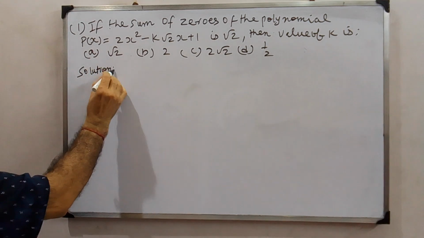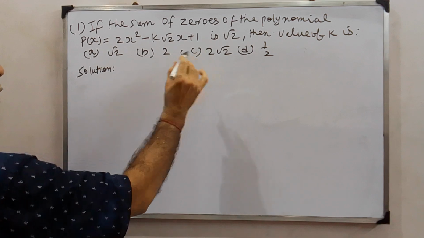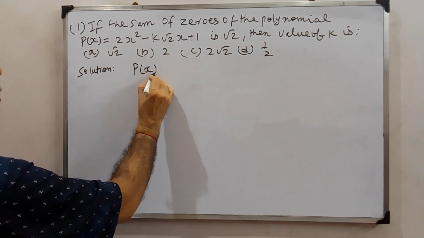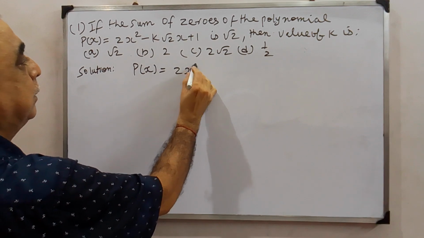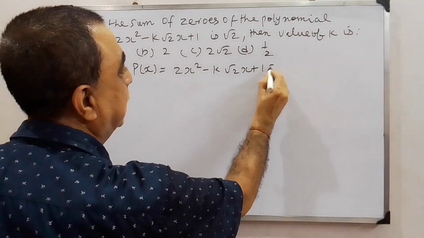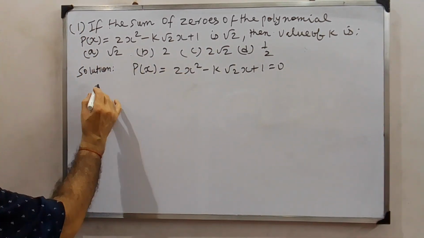So here the sum of the zeros is root 2. The given polynomial will be equated to 0: 2x squared minus k root 2 x plus 1 equals 0. Let the roots be alpha and beta.